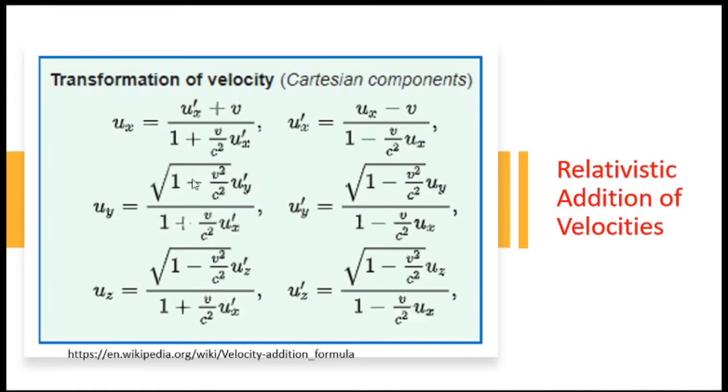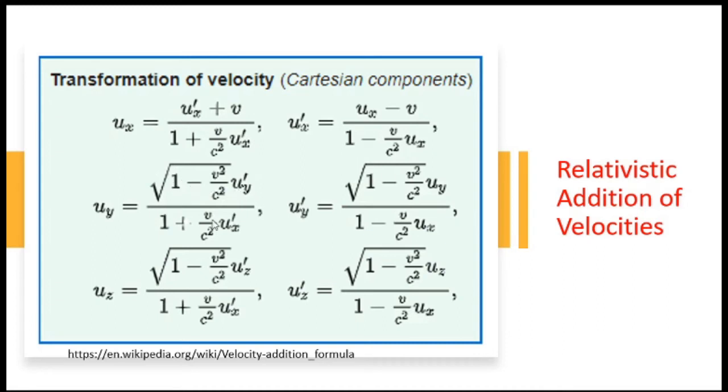In the numerator, it was because if you observe that previous equation, uy is equal to uy dash divided by beta times (1 plus v upon c square ux dash), and beta is equal to 1 upon under root of 1 minus v square upon c square. So this under root of 1 minus v square upon c square in the denominator goes in the numerator.